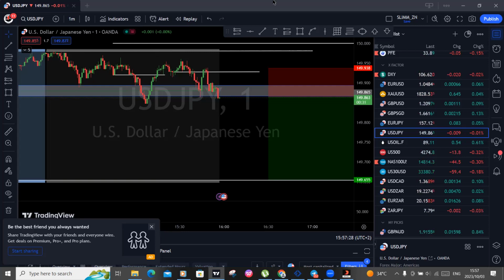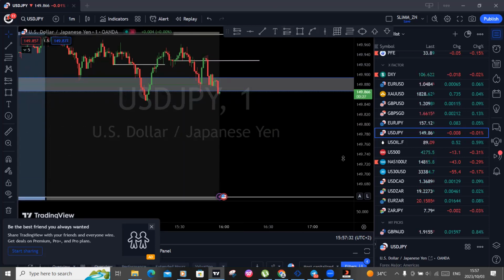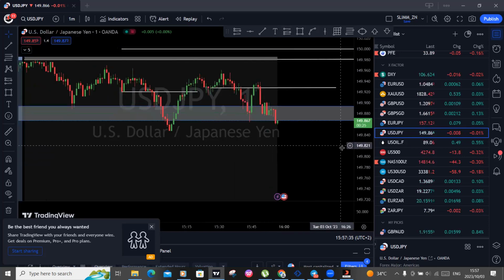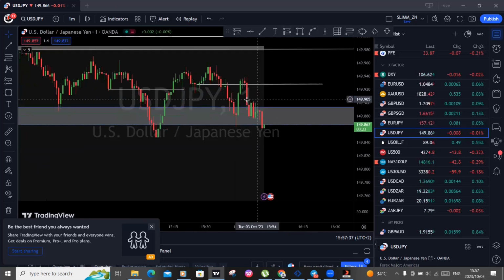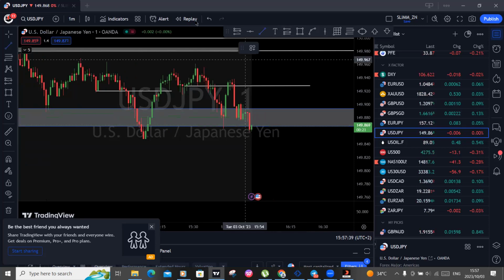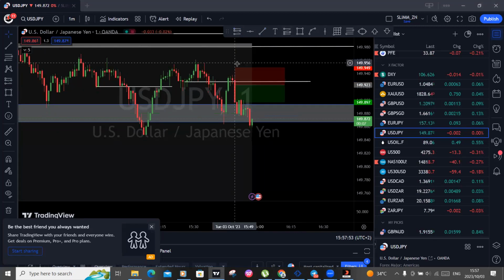Okay, so I was saying, let me remove this. I was saying I'm waiting for price to pull back into a zone, give me a red candle, then I wait for it with the sell stop. So my setup would have been right there. My first entry, which is an early entry, would have been right here. Stop loss outside this range.